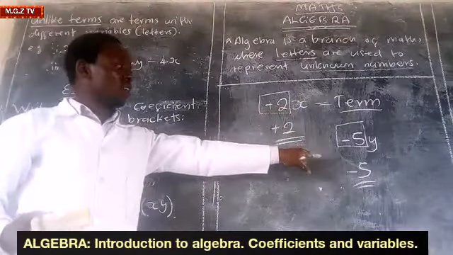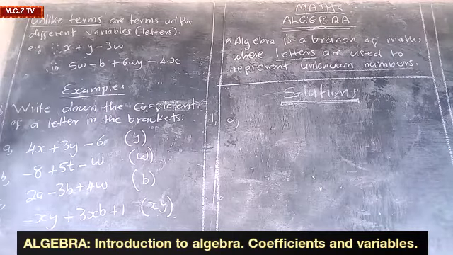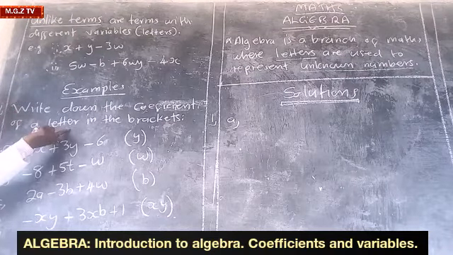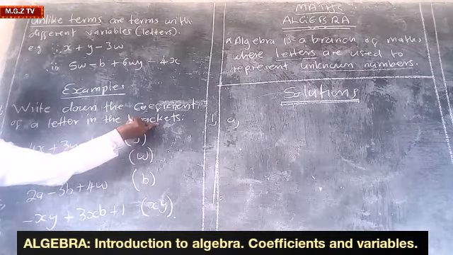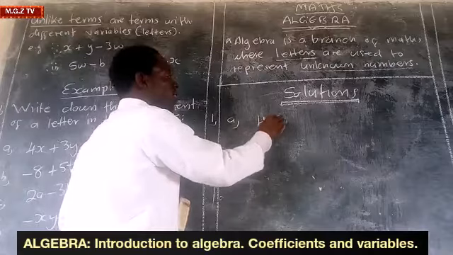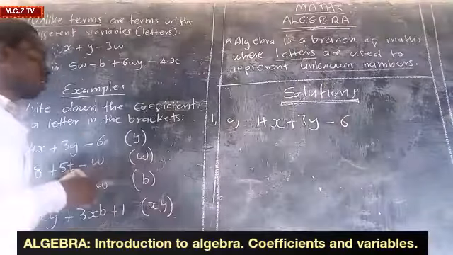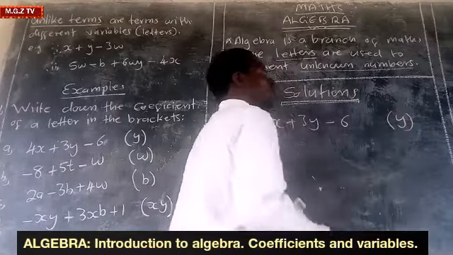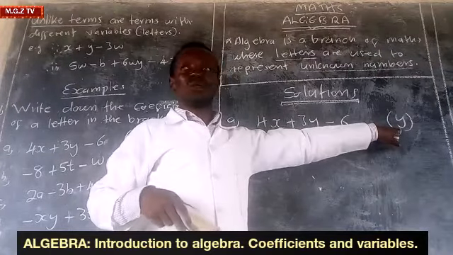So what I was just doing here is what they're asking us to do. The first one says write down the coefficient of a letter, the letter being in the brackets. So we have 4x plus 3y minus 6. In brackets, what do we have? y. So now they are asking us to write the number that is next to y.